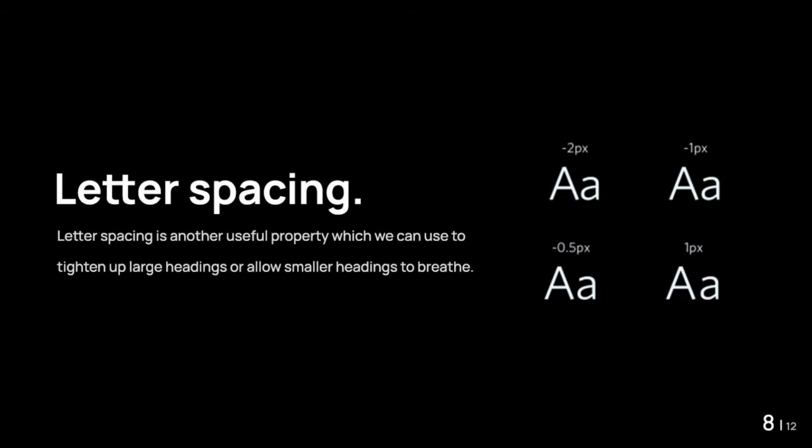If you have a larger heading in our design, then we can lessen the letter spacing, and if we have a paragraph or a long list of something, then we can put more space between the letters. So this is how we do letter spacing.